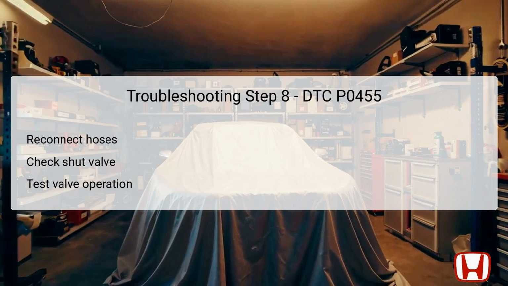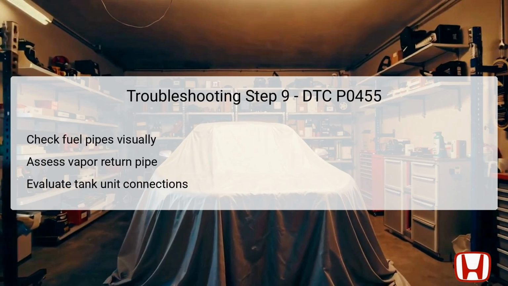The final troubleshooting step involves performing a thorough visual inspection of the fuel fill pipe and fuel vapor return pipe. Any signs of damage or looseness in these areas can indicate a breach in the EVAP system. While inspecting, special attention should be given to the fuel tank unit base gasket and fuel tank tube, as they can also contribute to potential leaks.